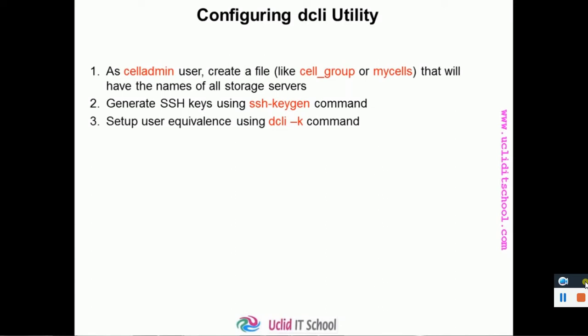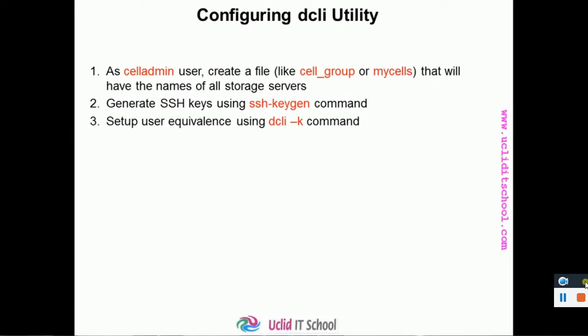It is a three-step process. Create a cell group file and mention all the cell details in that file, then generate an SSH key for each cell, then use dcli to set up user equivalence. Once these three steps are done, your dcli is configured.